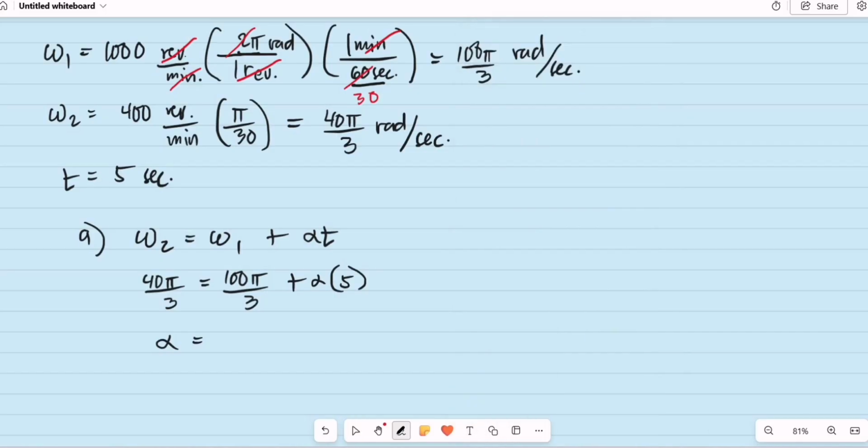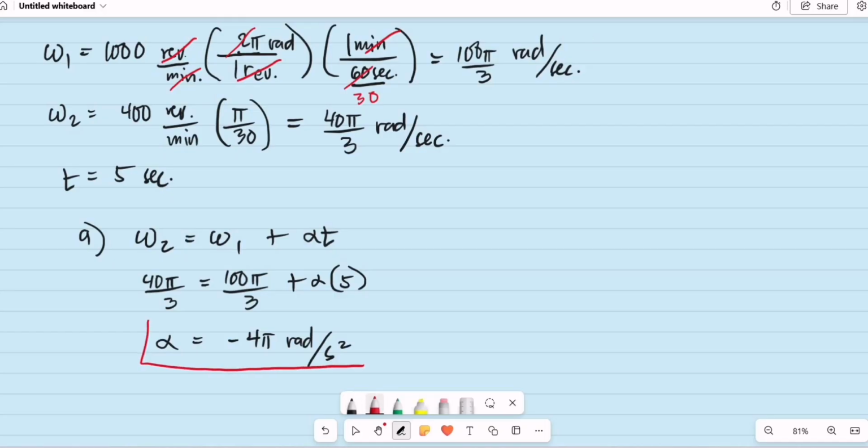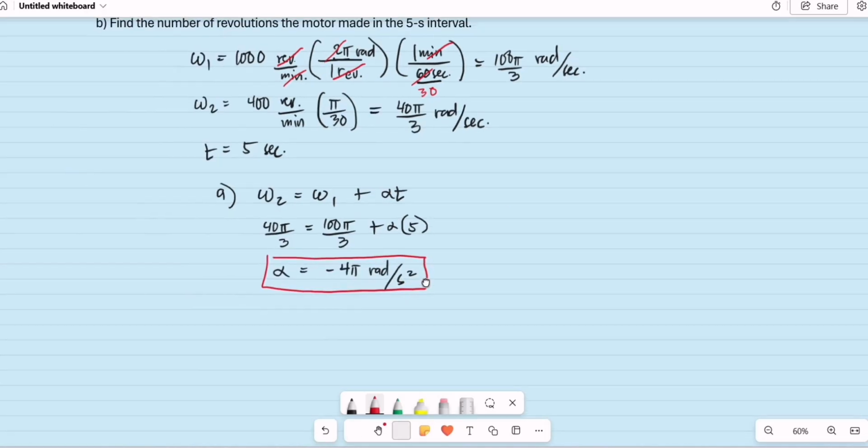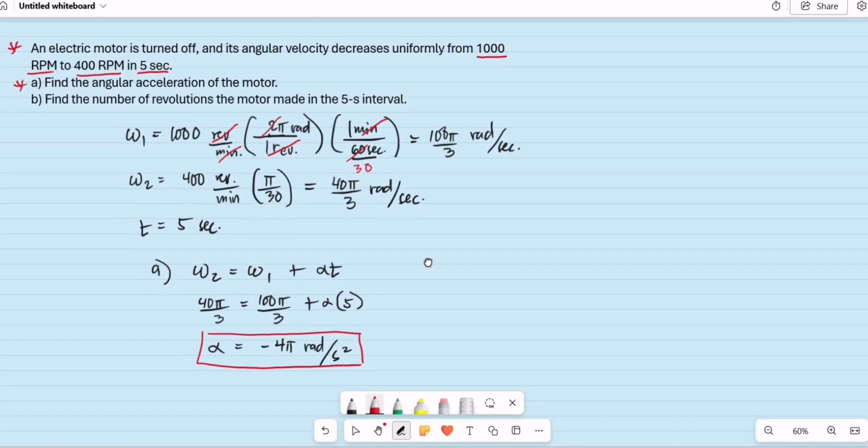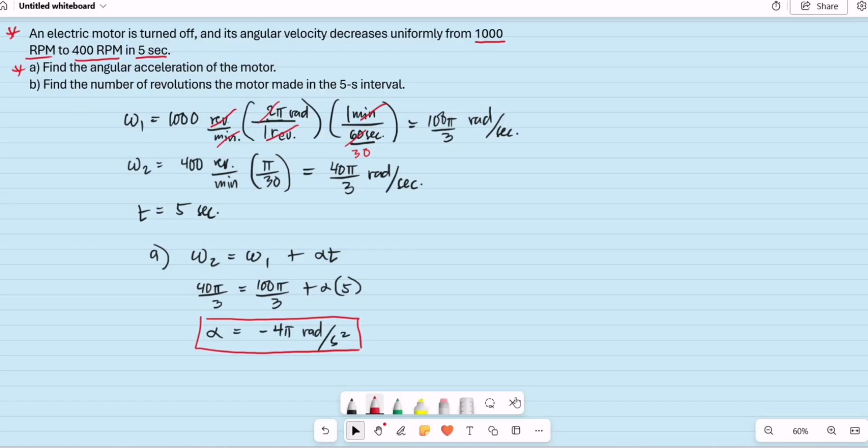So the acceleration, or deceleration since this is negative, we have negative 4 pi radians per second squared. So this is our answer for the first requirement. So letter A should be negative 4 pi radians per second squared. So what about the second requirement?